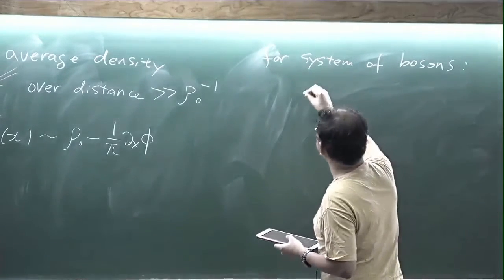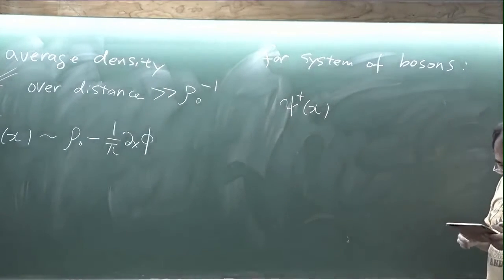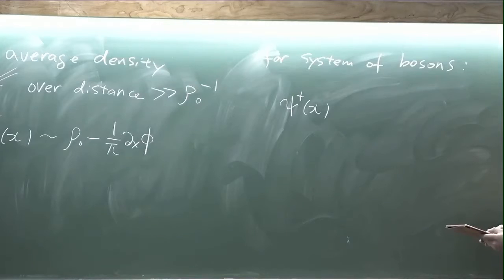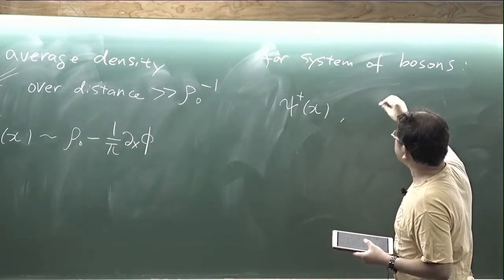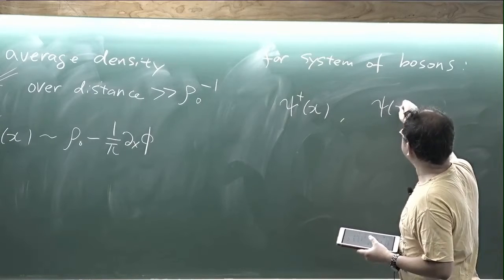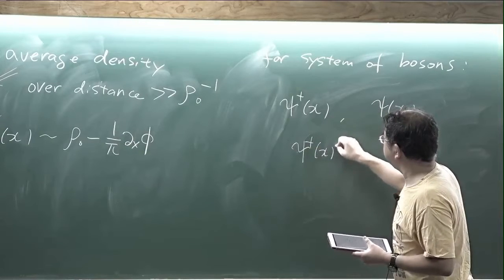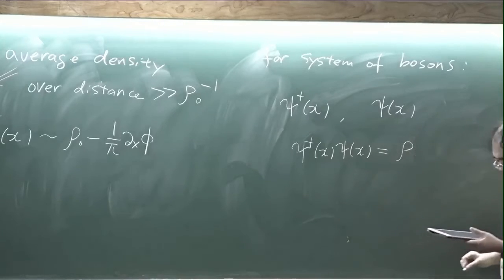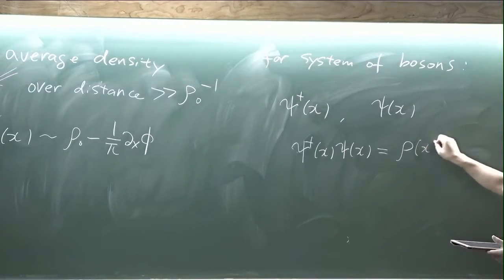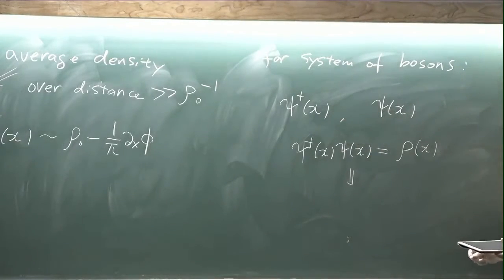Here I want to consider the creation operator and the annihilation operator. If you take the product, this should agree with the density operator, which means that they are Hermitian conjugates.